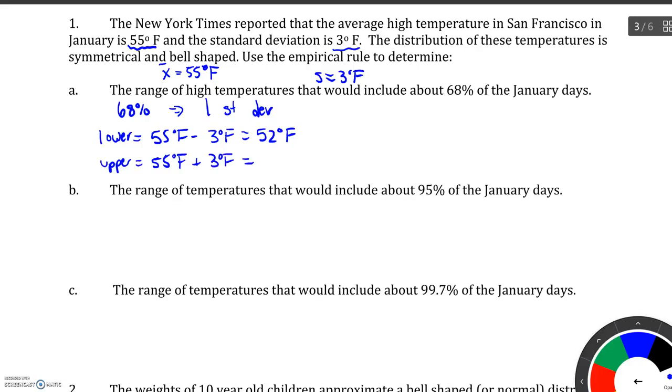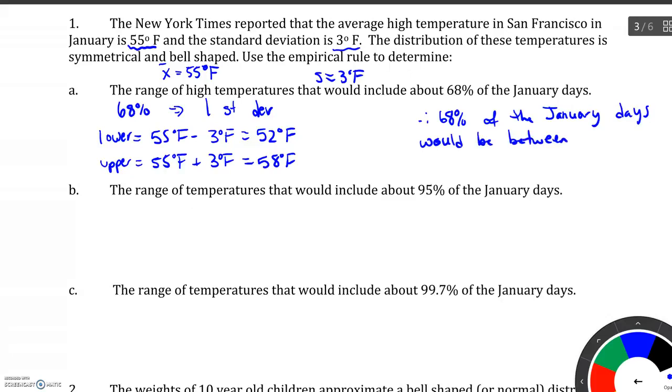That gives us a value of 58 degrees Fahrenheit. So therefore, 68% of the January days would be between 52 degrees Fahrenheit and 58 degrees Fahrenheit.